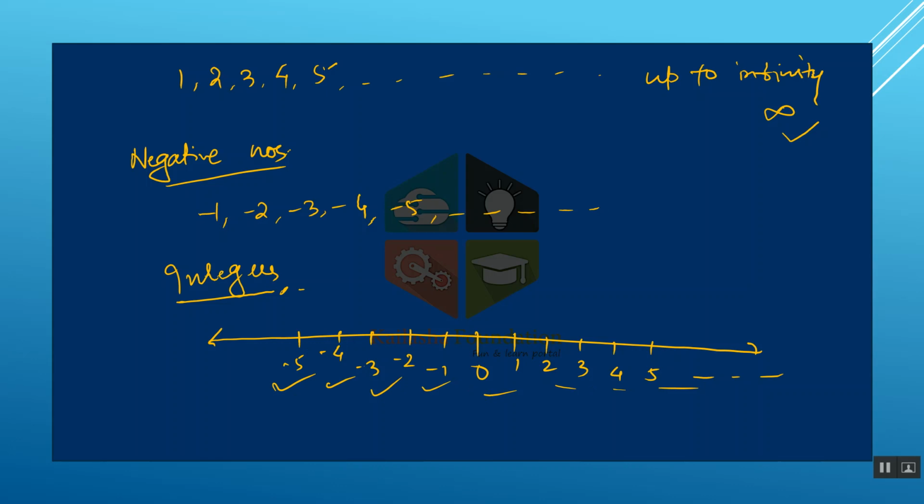For the sake of simplicity, if we want to understand what integers actually are, the numbers with no decimal places are integers. 2.41 is not an integer. 3.20 is not an integer. 1.0 is an integer because it can be written as 1. So natural numbers, their negatives and 0 are collectively called integers.